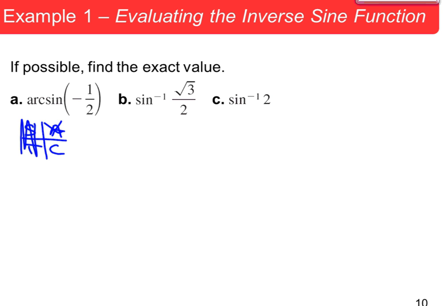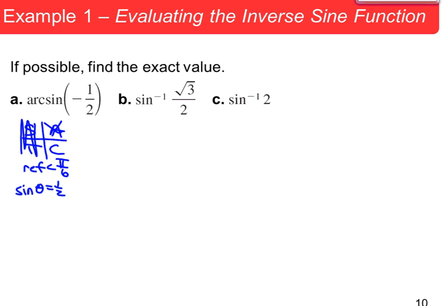And then I just figure out what my reference angle is. I just generated that table a minute ago. If the sine of theta is 1/2, then theta is pi over 6. So my reference angle is pi over 6.